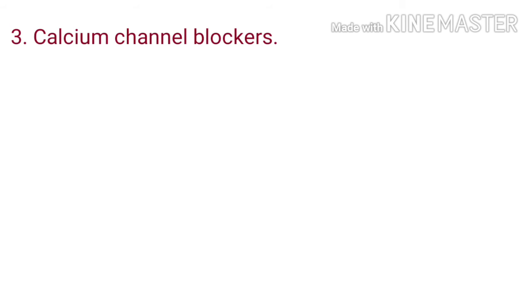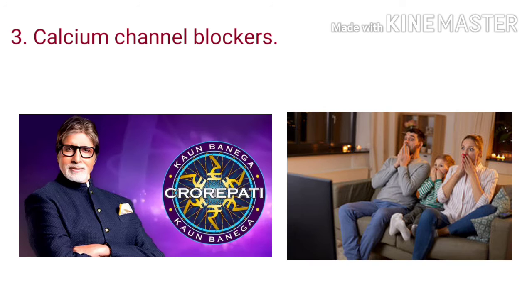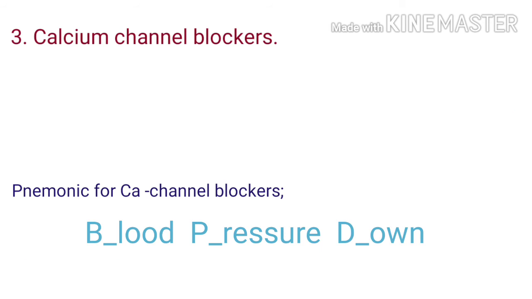Under this calcium channel blockers we will have 3 more subclasses. An easy mnemonic has been made for easy remembering of the subclasses of the calcium channel blocker, that is, while watching the Kaun Banega Crorepati show, we will have BP down, BP fall, am I right? So that is blood pressure down. Okay, the mnemonic for knowing the subclass of calcium channel blocker is blood pressure down.